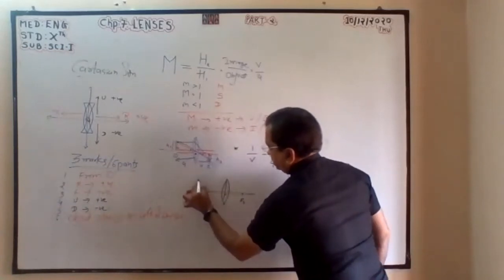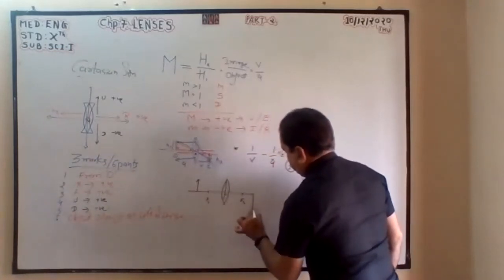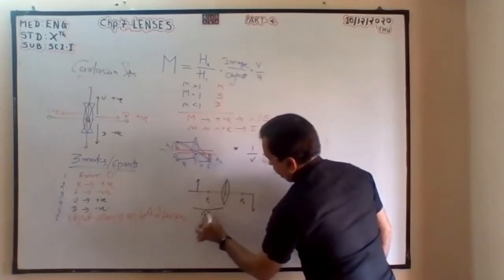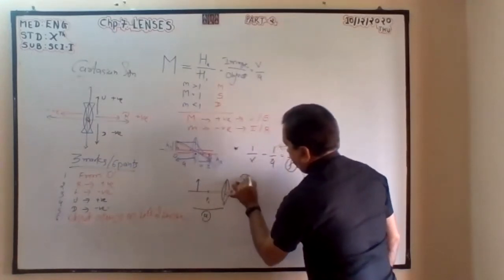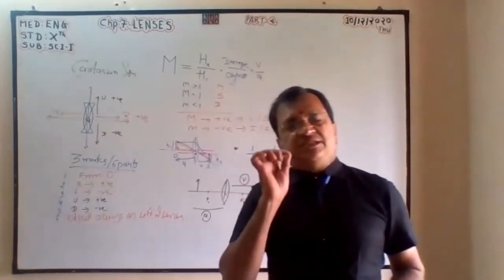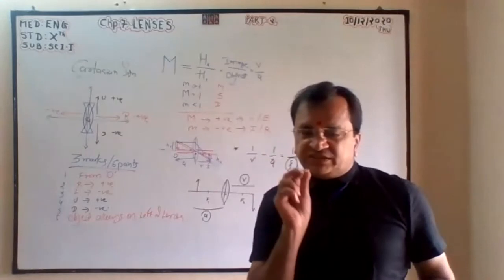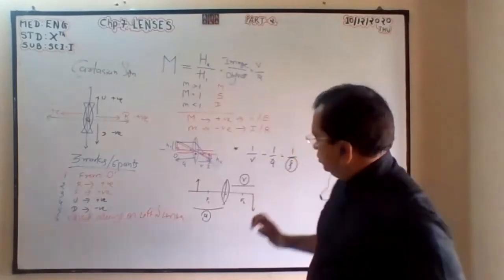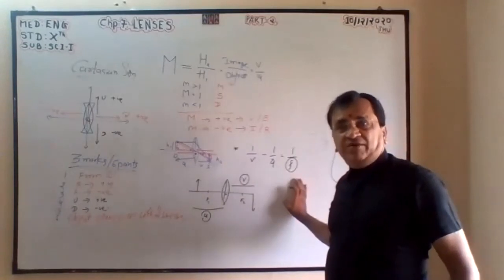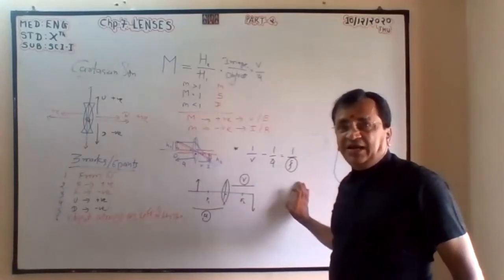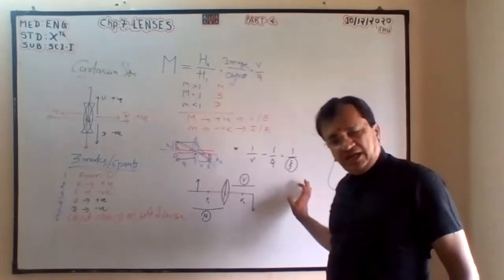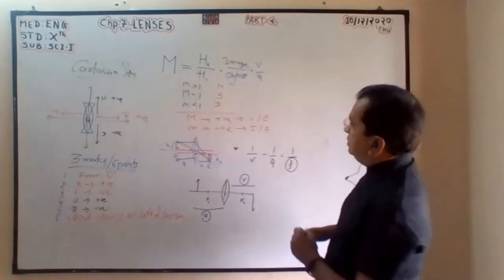The object is here, the image is here, so this much is u, this much is v. From the distance of the object and the distance of the image, if you substitute in the formula, you can find the focal length. This is small f. If you write capital F, it is the focal point. Small f is the focal length.